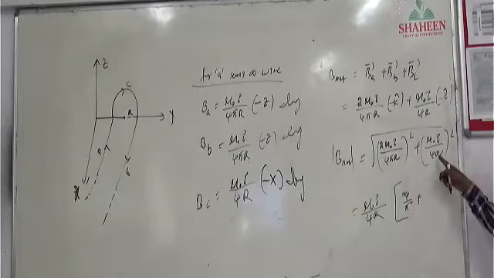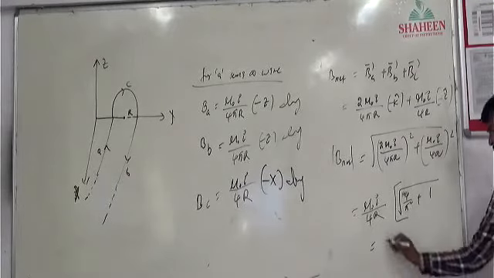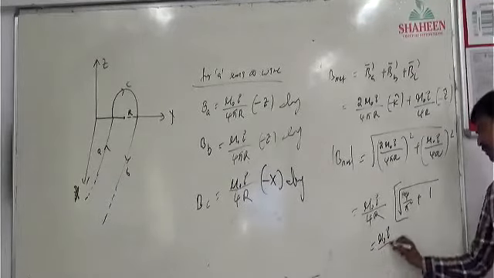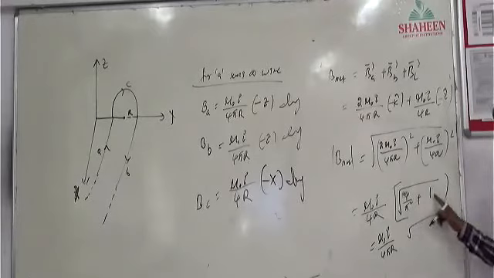Yes or no? So finally what will come here? 4 plus pi square. LCM if you take 4 plus pi square by pi square. So pi square will come out. Pi only. So can I write directly mu naught I by 4 pi r, so root over 4 plus pi square. Correct? This is answer.